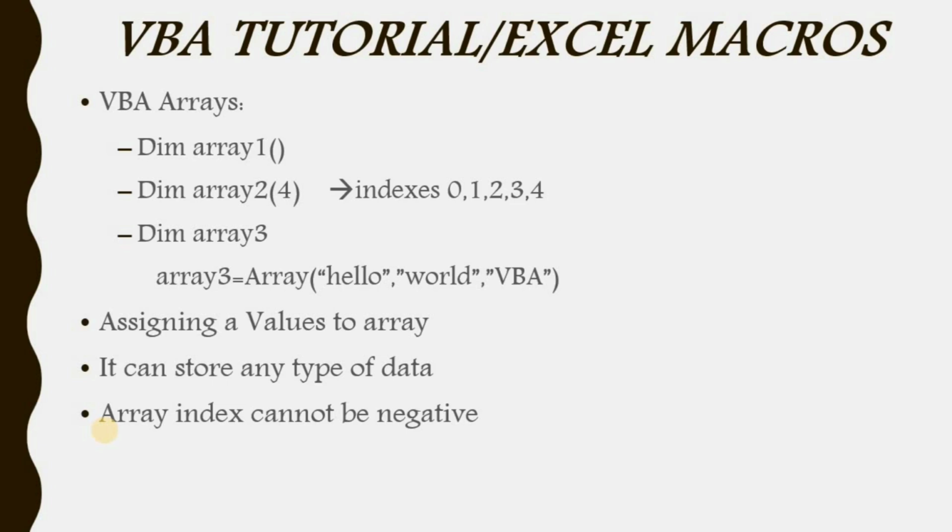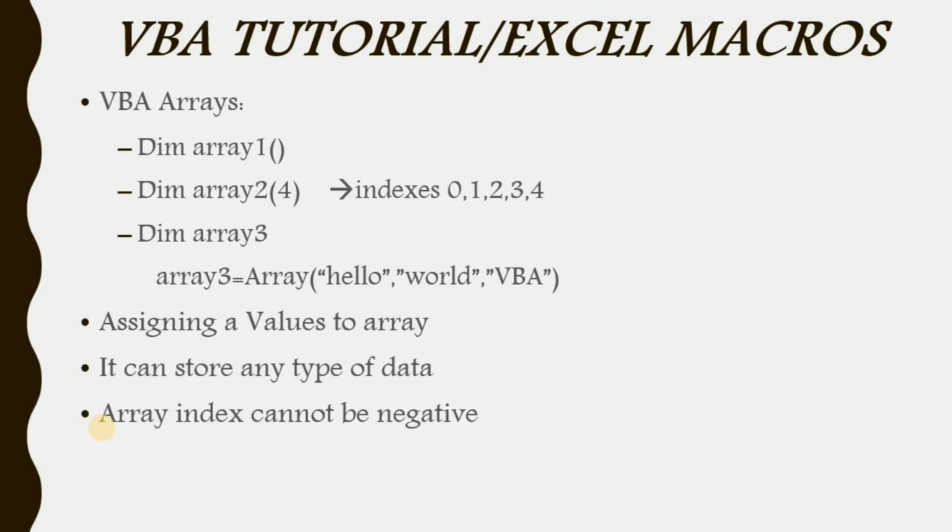But here, if the array is declared with a size of 4, it won't stop at 3. Starting from 0, it will go up and also store the value at 4. That is the beauty of array indices: it stores one more element. So if the size is n, then it will store up to n plus 1 values.